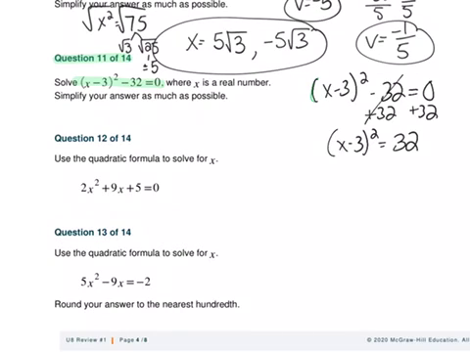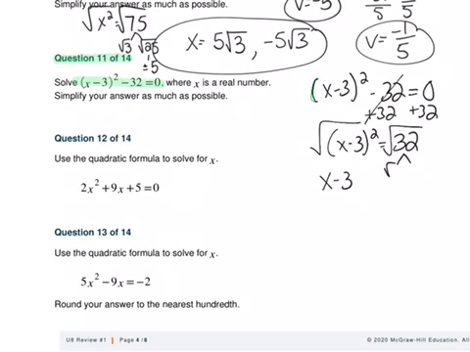Then, to get rid of a square, I'm going to square root like I did in the previous two problems, okay? And when I do that, I'm going to get x minus 3 left, and the square root of 32. We have to think about perfect squares that would come out of 32 to simplify it. And it just so happens that 16 times 2 is 32.